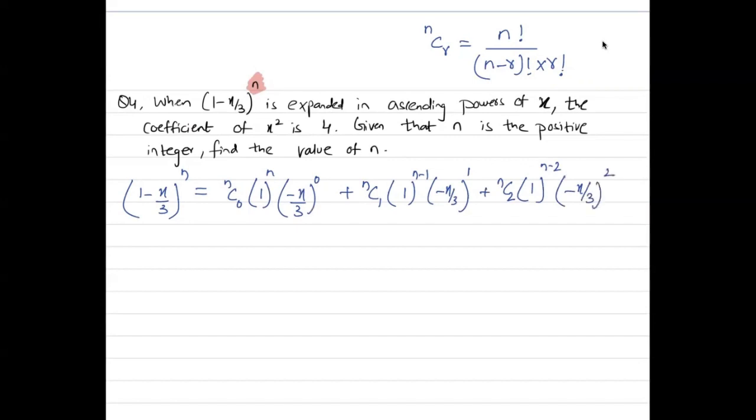I don't need to expand further because the x squared term is going to be found from here. Do you guys agree? Because over here, we are going to be getting a square on x.